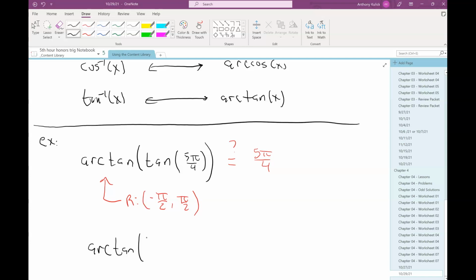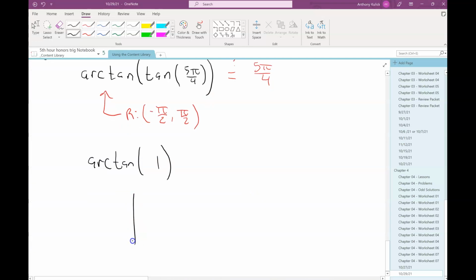Rather, let's think about it this way. If I go to the unit circle and evaluate tangent of 5 pi over 4, I get 1. And then I go back to the unit circle because arctan is defined in this range.